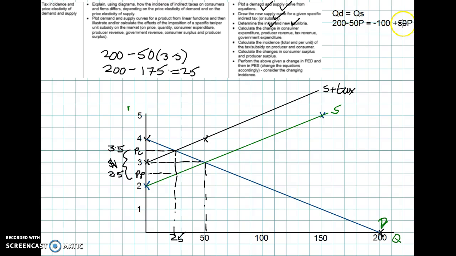Then obviously for this one we do 2.5, so that's going to be 125. So minus 100 plus 125 gives us 25. So that is where we get the 25 from. It all works out, so that's all the equilibrium done.